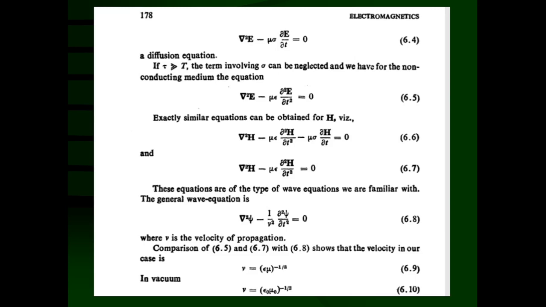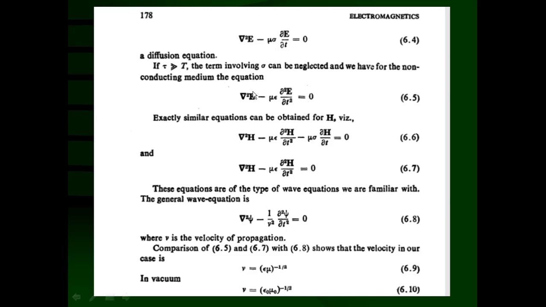That means the medium is a non-conducting medium. In that case, tau is very large compared to T, and the third term can be neglected because the medium is non-conducting. The mu sigma term, the third term in equation 6.2, is almost negligible compared to the second term, and equation 6.2 reduces to del square E minus mu epsilon del square E upon del T square equal to 0.